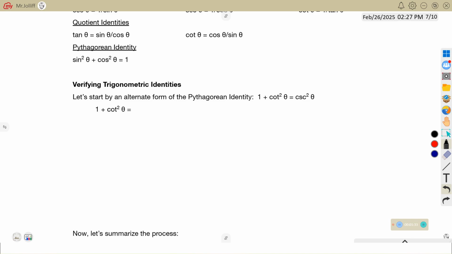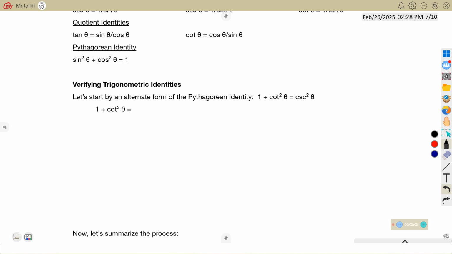Cosecant depends on sine. So what is the definition of cotangent? 1 over tan. Does that give us a sine? No. We need a sine in our function. What's the other definition for cotan?